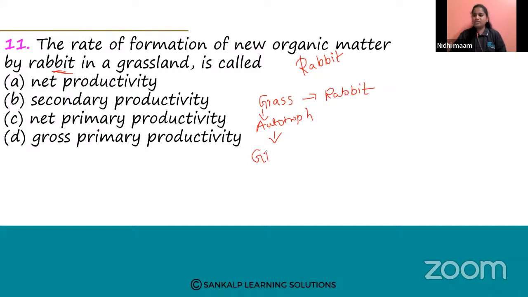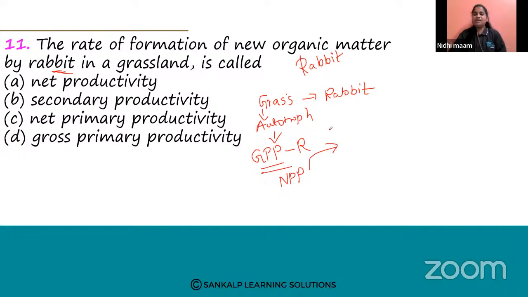Whatever organic matter it produces comes under GPP, gross primary productivity. Then it is eaten by the rabbit. So GPP minus R. Whatever organic matter is produced by the autotroph, some amount, the net primary productivity, will be shifted to the rabbit.